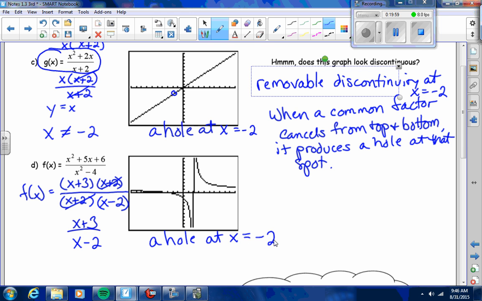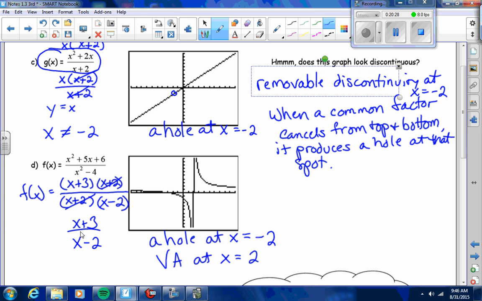At x equals -2. What else do we have on the graph? A vertical asymptote at where? At x equals positive 2. So the factors canceling gave us a hole. There's still a factor left in the denominator, so the value of x that makes that denominator equal to 0, that's what's giving us the vertical asymptote.